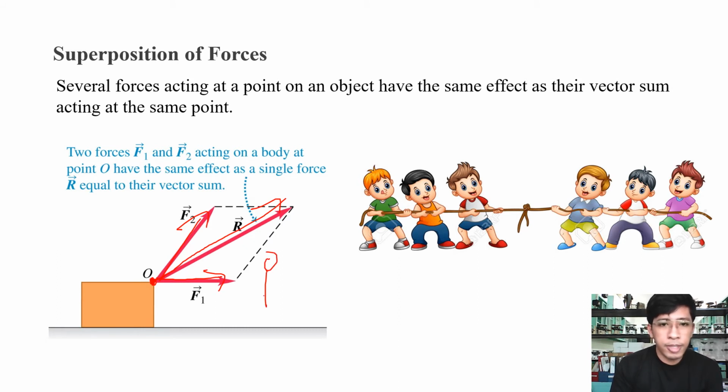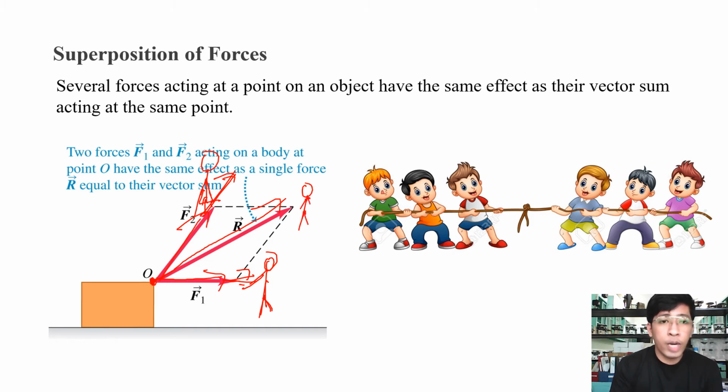It's the same as saying, if you're here pulling the box, and one of your friends is up here pulling the box upwards in this direction, while you are pulling the box to the right, the force that the two of you apply is actually equivalent to one force like this one here.